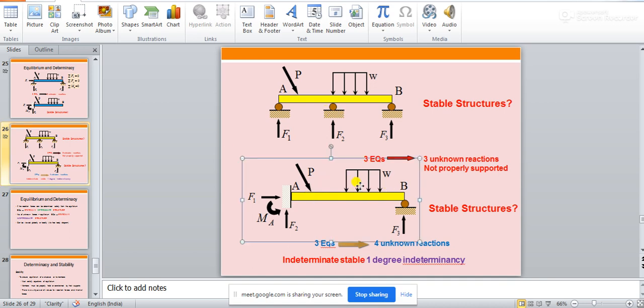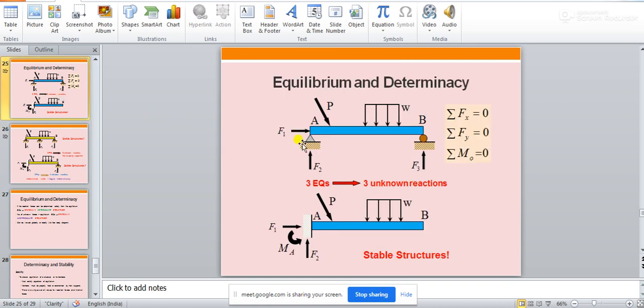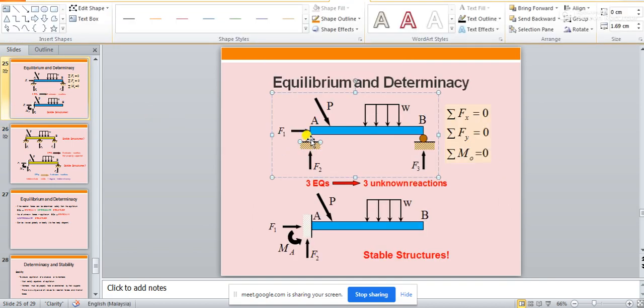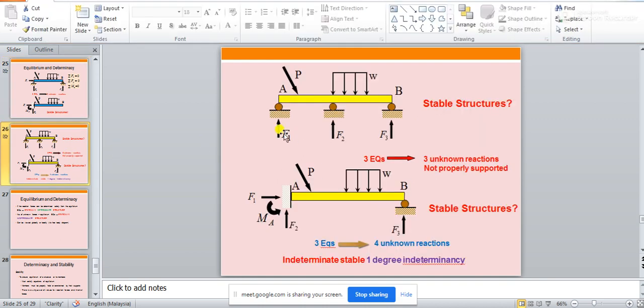So is this structure stable now? See, this structure will become stable if this support is replaced. If this roller is replaced with a pin support, this structure will become a stable structure. Suppose instead of this roller at A, the roller is replaced by a pin support, then the structure will become stable.